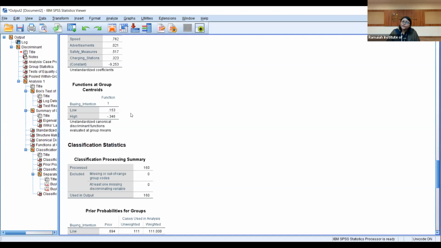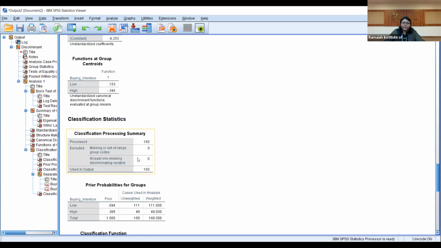And any value that lies between 0.000 and minus 0.346 can be considered as high buying intention. Based on this, we can calculate the centroid for these functions and discriminate which are in low buying intention and which are in high buying intention.